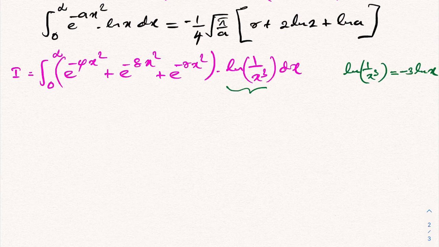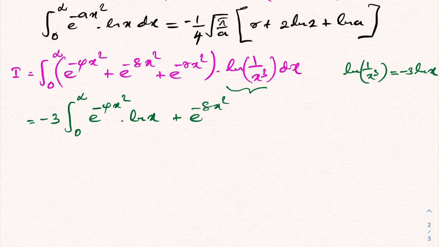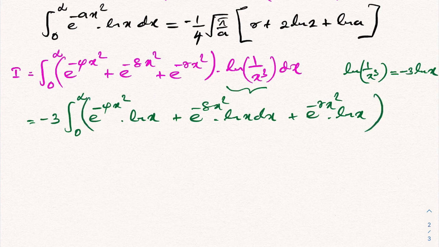Therefore our integral we can write minus 3 times the integral from 0 to infinity of e^(-phi x^2) natural log of x plus e^(-delta x^2) natural log of x dx plus e^(-gamma x^2) natural log of x, then here we have dx.